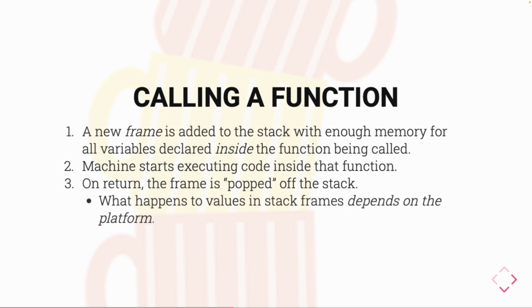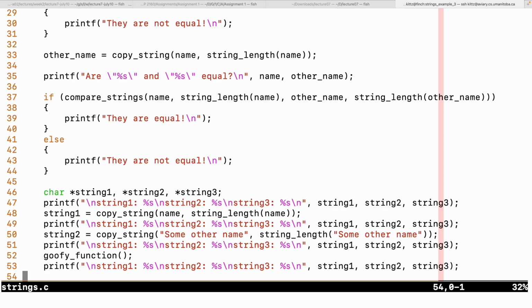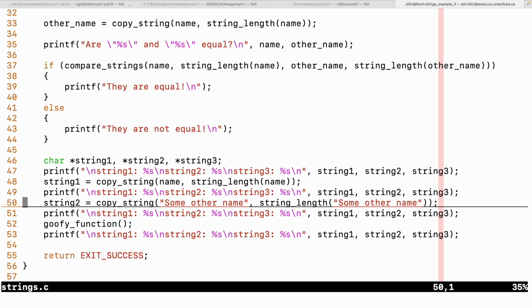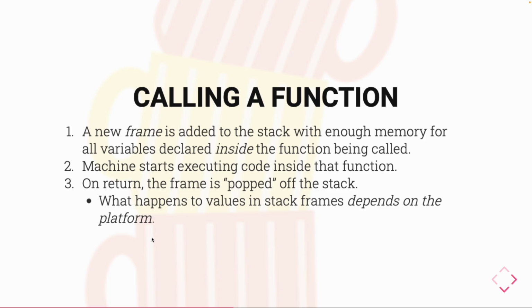And what happens to values in stack frames depends on the platform. The fact that we were even able to access the strings that we defined, like the fact that we were able to get the value of string 1 now that it refers to uninitialized memory, that depends entirely on the platform.